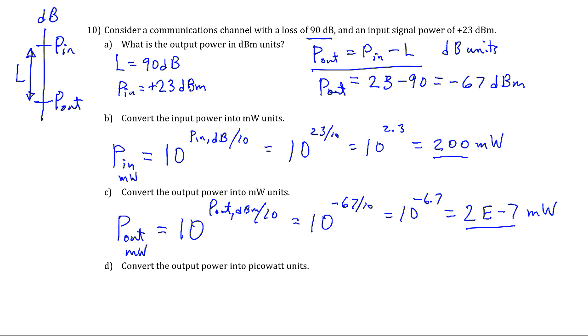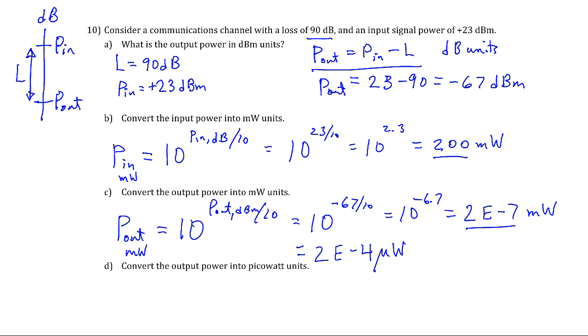Okay, here it asks us to convert it into picowatt units. It's 2 times 10 to the minus 4th, from milli down to micro. So I've added 3 to the exponent and changed milli to micro.